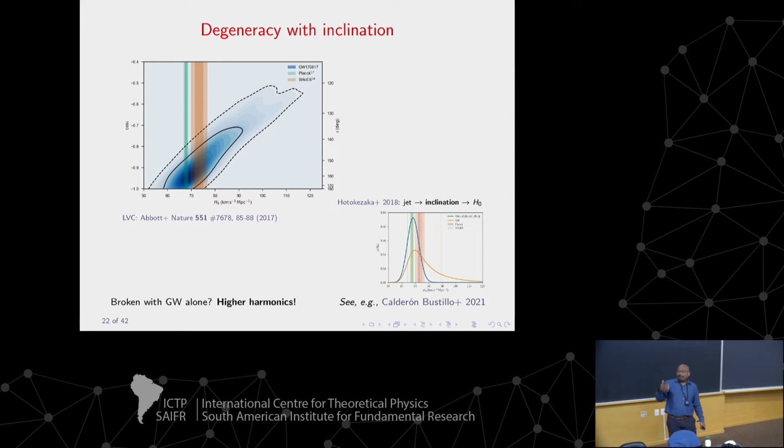So from the amplitude, you do not really know whether the object is farther away or close by and oriented at an angle, as opposed to being face on. This results in a degeneracy, a correlation between the distance and the inclination angle, which in turn translates to a degeneracy between the Hubble constant measurement and the inclination.